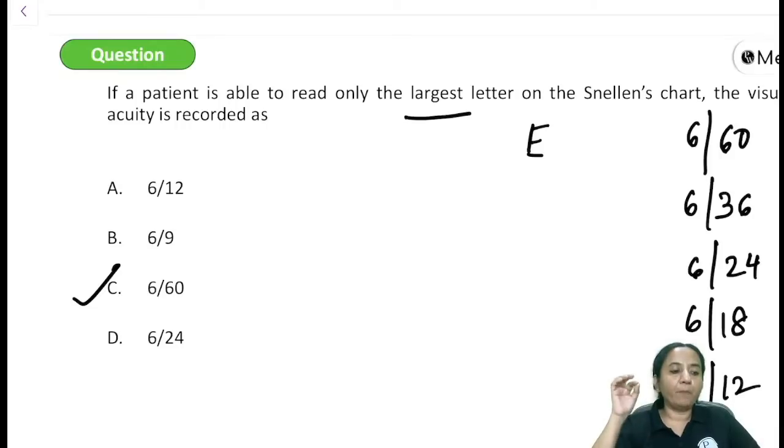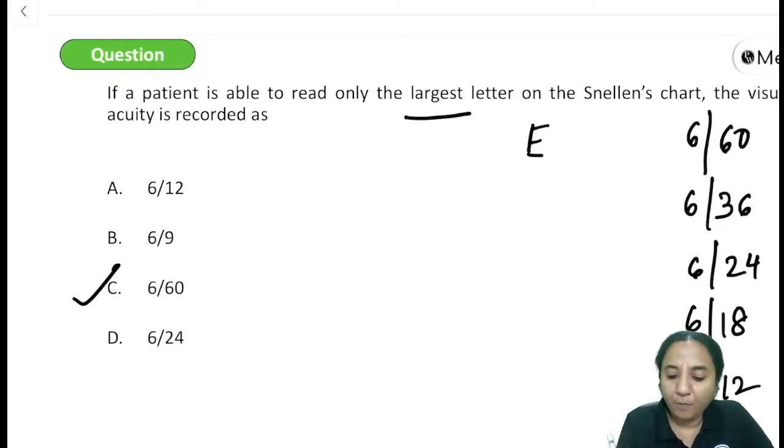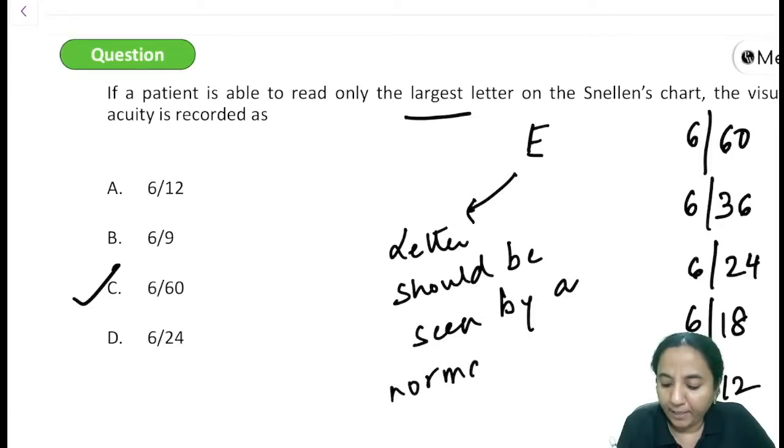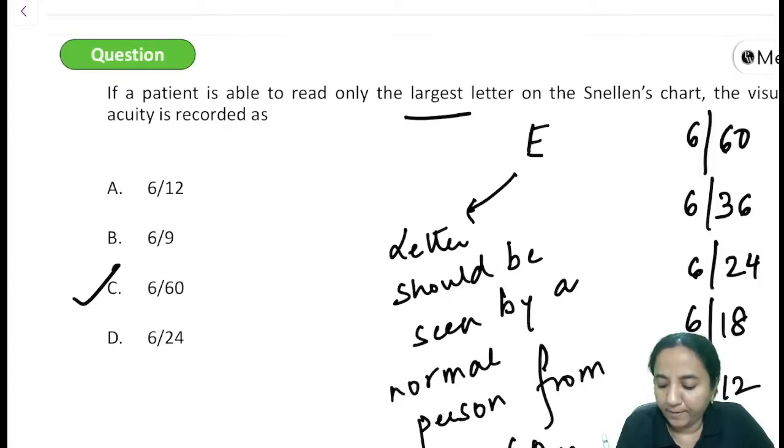And another very important thing to remember, what is the meaning of this 6 by 60? It means that this letter should be seen by a normal person from a distance of 60 meters.